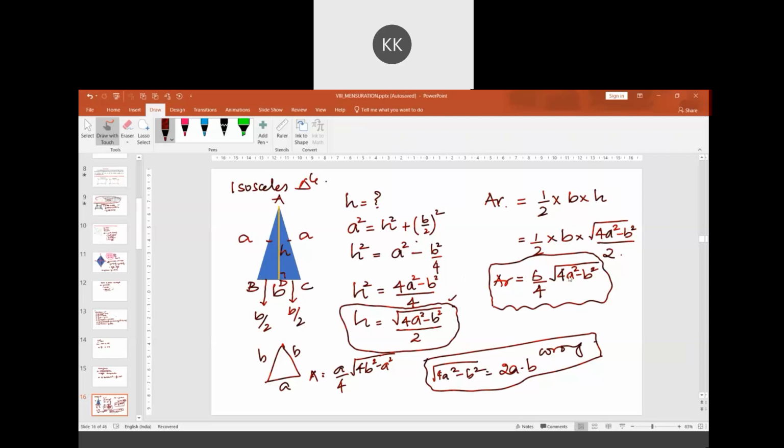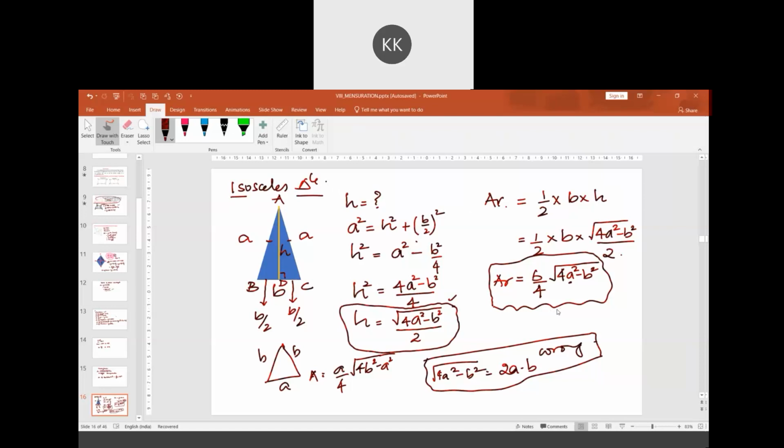The equal side has to be there as 4a square, 4 times of that side, the equal side. Here the equal side is a, no? So 4a square, and this is b square and b by 4. Isn't it easy? Can we write 2a minus square root of b?